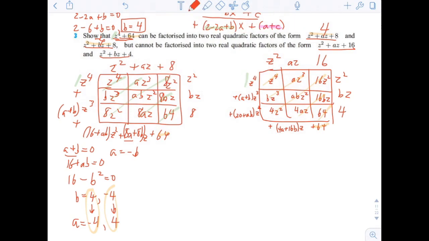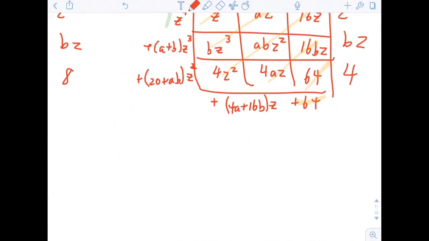So now we just need to write equations for all the rest. So we know that the z cubed term, a plus b, has to equal 0, right? So like before, we know that a equals negative b, right? Then we take this one here, 4a plus 16b equals 0.